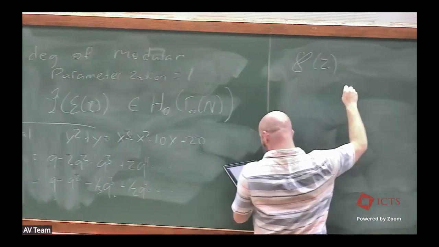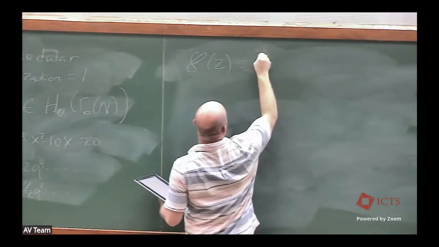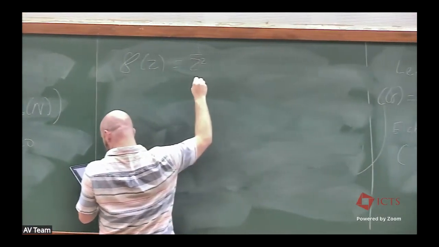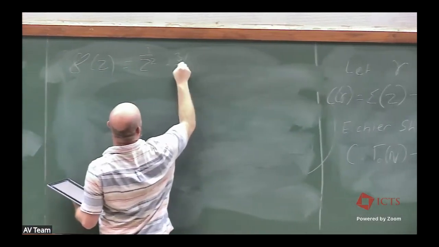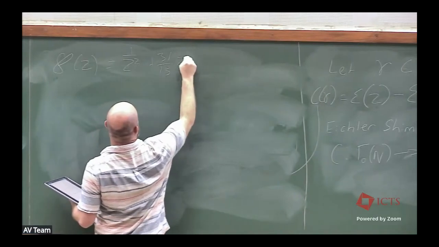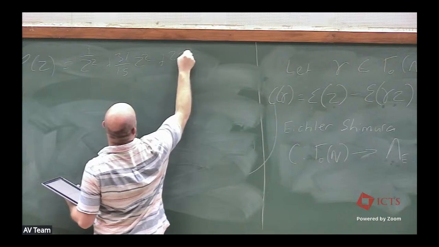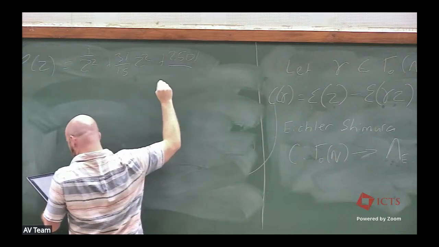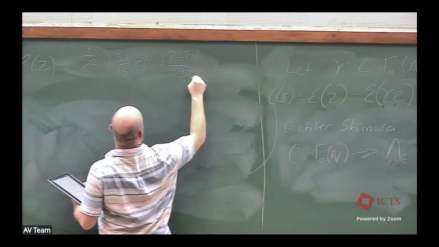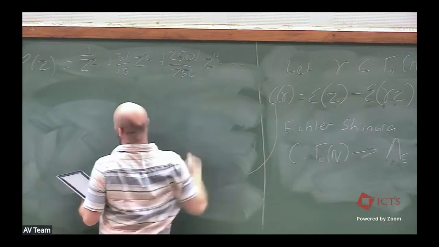So P of z is going to equal 1 over z squared plus 31 over 15 z squared plus 2501 divided by 756 z to the fourth, etc.